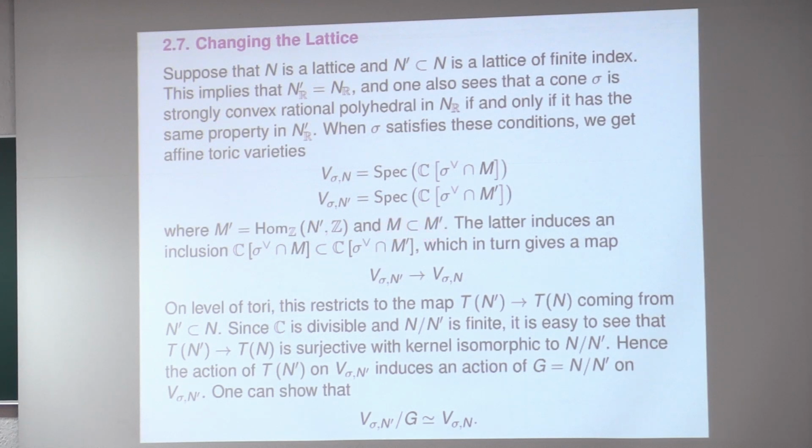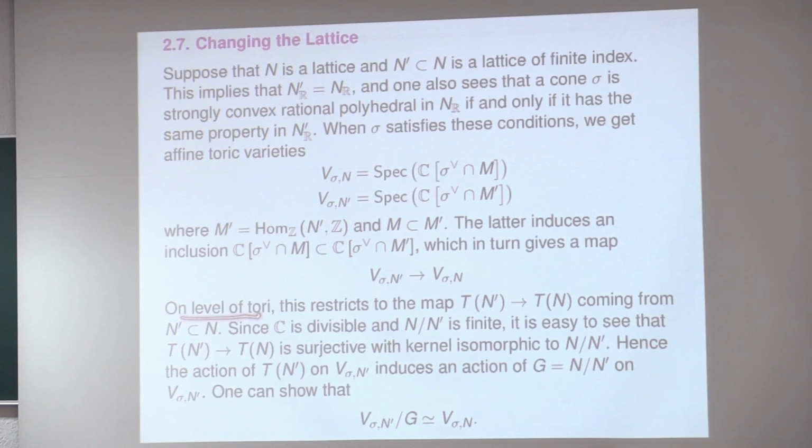But if I have that inclusion of the semigroups, that gives me an inclusion of the semigroup algebras, and then I get a morphism of the toric varieties, but in the other direction. So I get this map over here, it's a morphism, and let's remember that it goes in this direction. So from the variety associated to the smaller one to the variety associated to the bigger one.